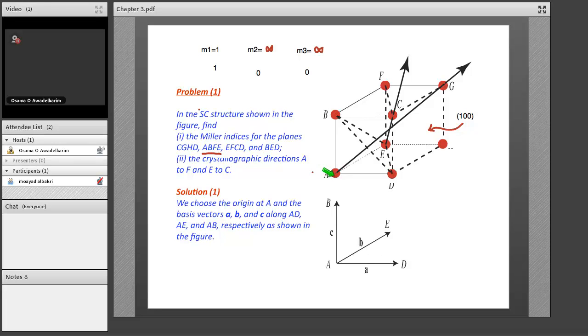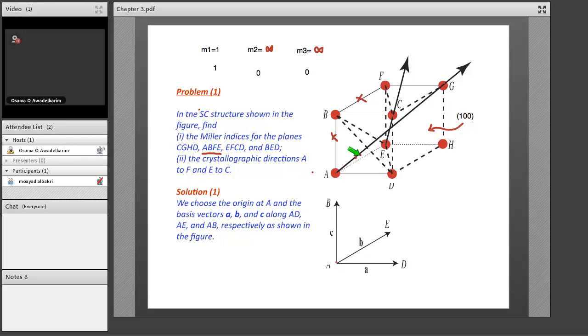But as you can see, if we take A as our origin, and we have all these vectors a, b, c here at A, we have lots of problems when we look at this plane, because this plane goes through the origin, and all the other basis vectors are actually sides of this plane.